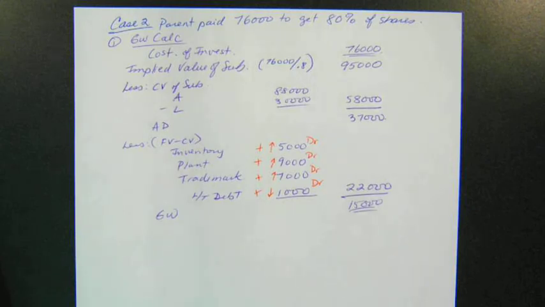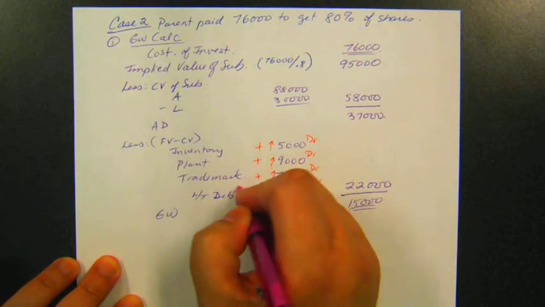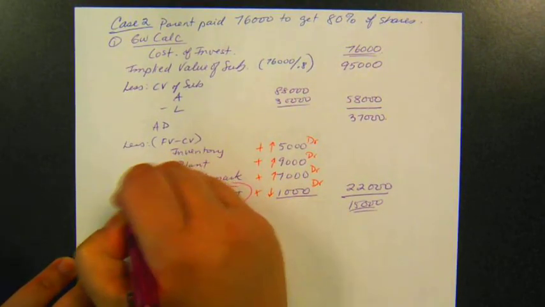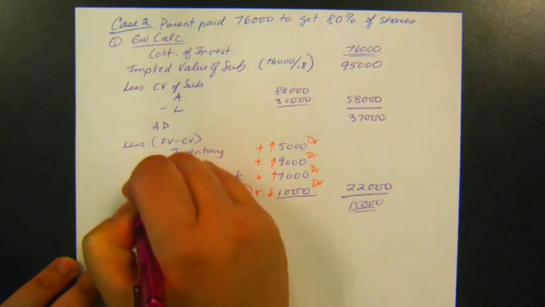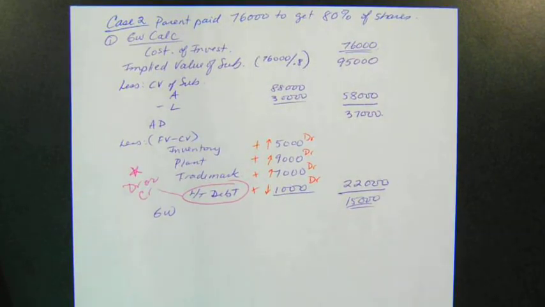Again, this is in the solution. Remember the thing that messes people up is debt and whether it's a debit or credit. And also you check out any other kind of intangible asset.